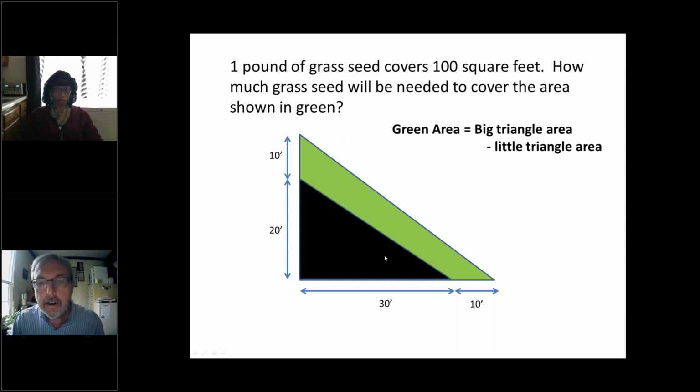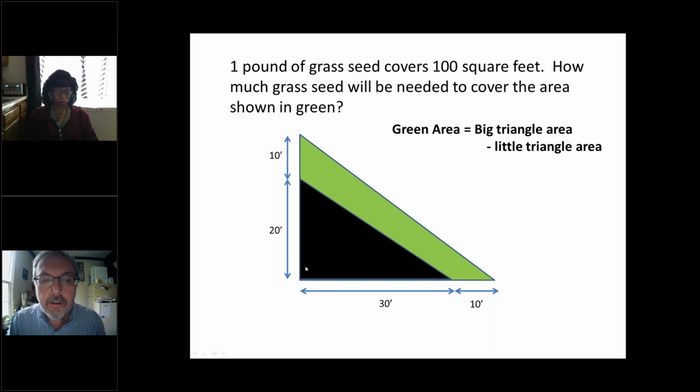Nothing down there. Well, what did we take away? We took away a triangle that was 30 feet along the one side and 20 feet along the other side. So we took all of that area away from that piece of paper, and we were left with this strip.